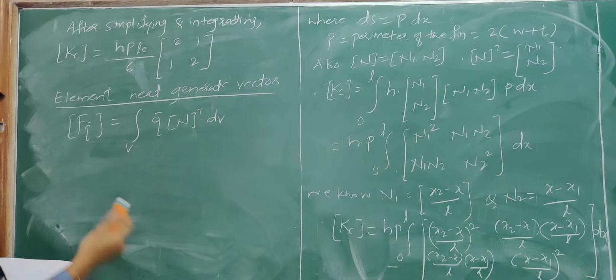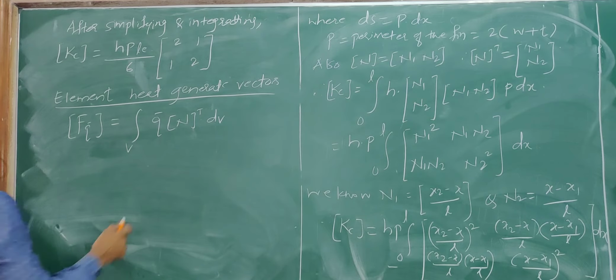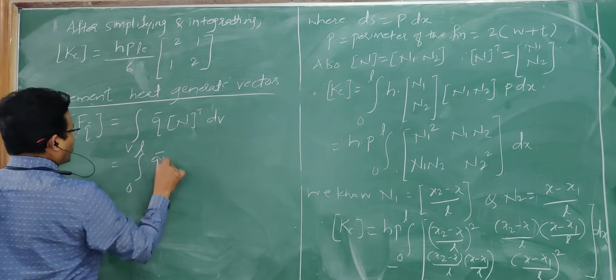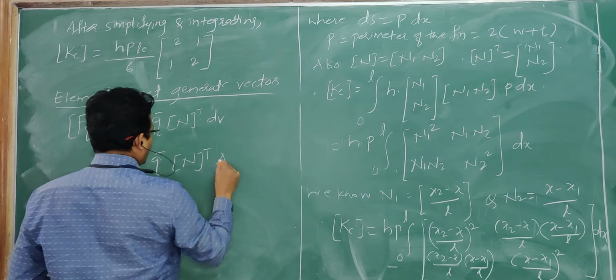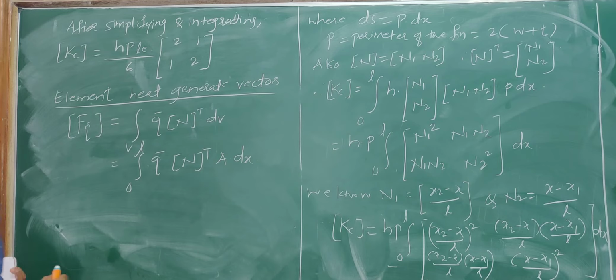If I extend this over the surface as one dimensional, then I can replace this by the integral between 0 to L of q bar into N transpose. This will be A into dx, where A is the cross sectional area of the fin.